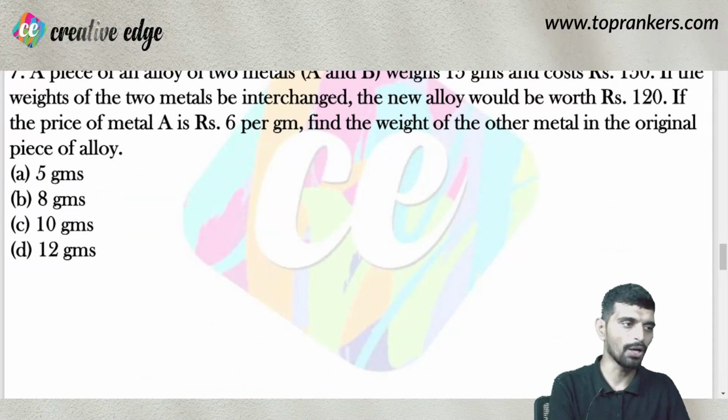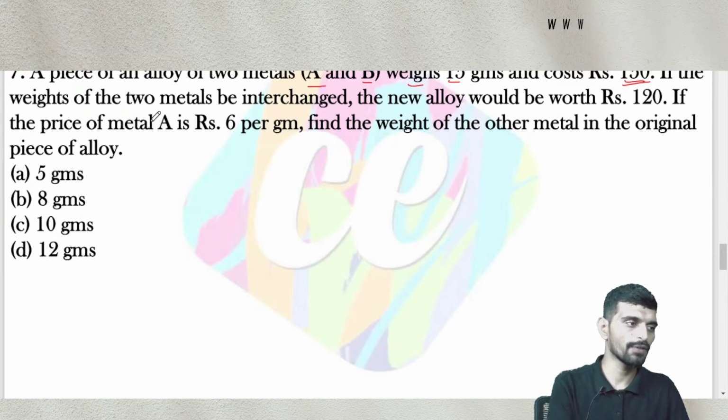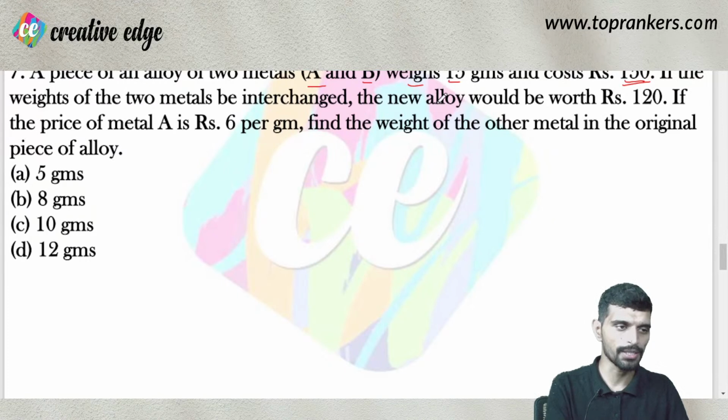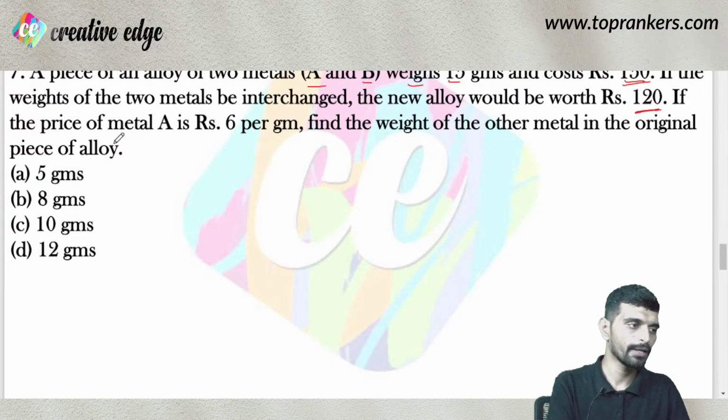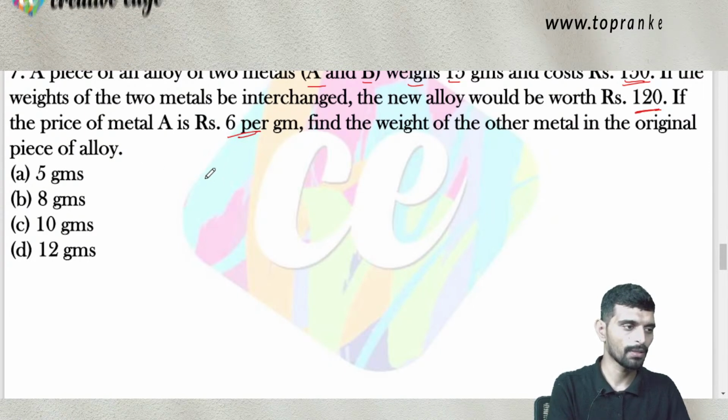A piece of an alloy of two metals, that is metal A and metal B, weighs 15 gram and costs rupees 150. If the weights of the two metals be interchanged, the new alloy would be worth rupees 120. If the price of metal A is rupees 6 per gram, find the weight of the other metal in the original piece of alloy. Right?